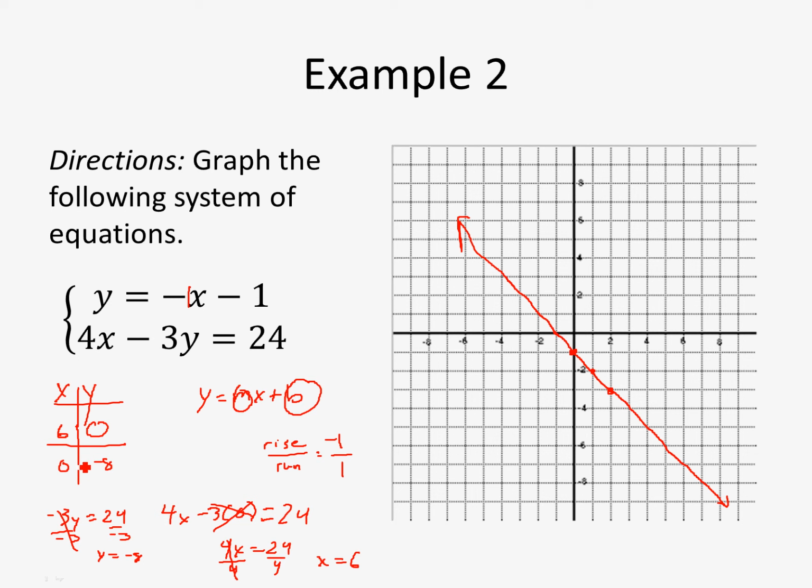Okay, and so here these are 2 points that are on this graph. Okay, 6, 0. Remember, just think of these as ordered pairs, right? This is like the ordered pair 6, comma 0, and this is the ordered pair 0, comma negative 8. So this is 0, negative 8.